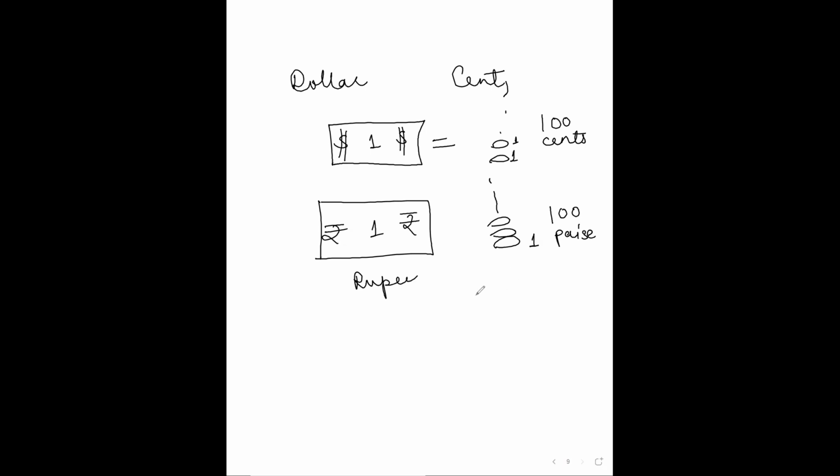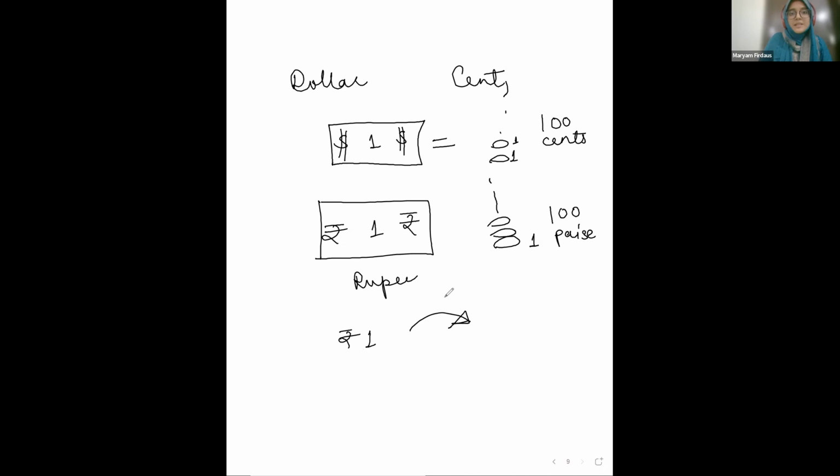Let's say if you want to buy a toffee or a chocolate that is worth 1 rupee. If you have a 1 rupee coin, you can give it to the person and they'll give you that chocolate.